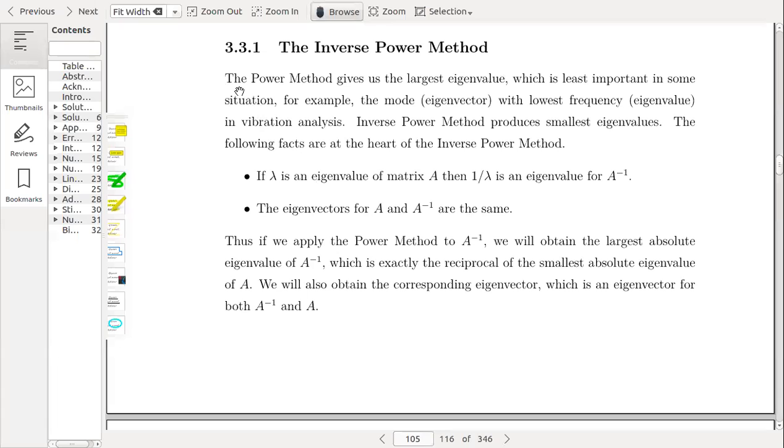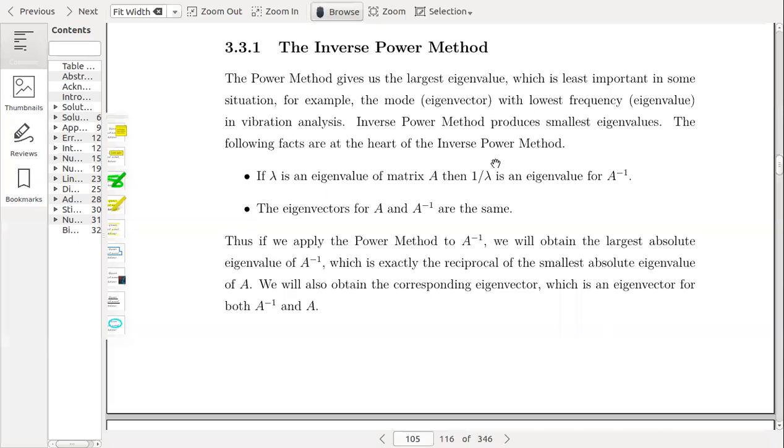We can repeat it. The power method gives us the largest eigenvalue or the dominant eigenvalue, which is least important in some situations. For example, the mode eigenvector with lowest frequency eigenvalue in vibration analysis.